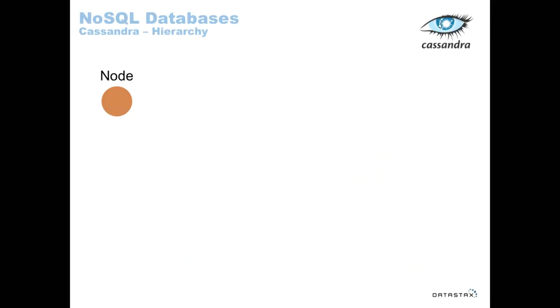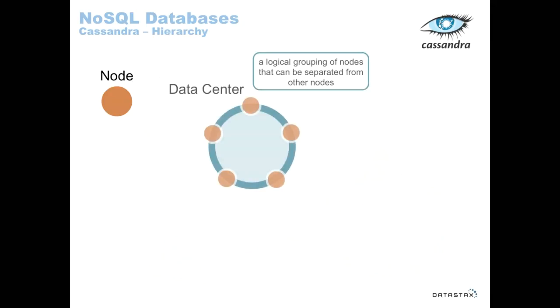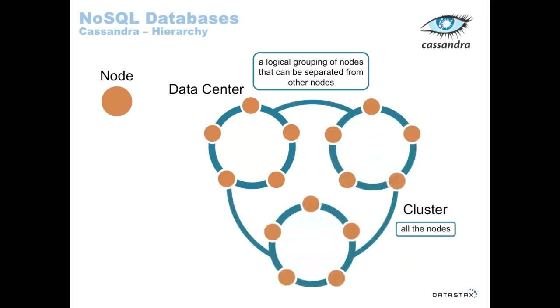So here's the hierarchy in a Cassandra database. You have nodes. Nodes are collected into data centers, and a data center is just a logical grouping of nodes that can be separated from other nodes. And then data centers are organized into clusters, and a cluster is just all of the nodes.